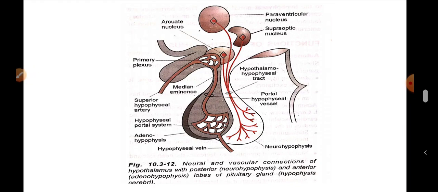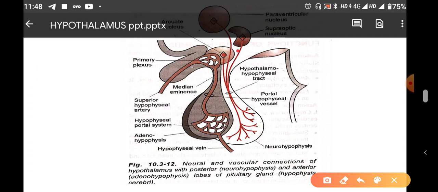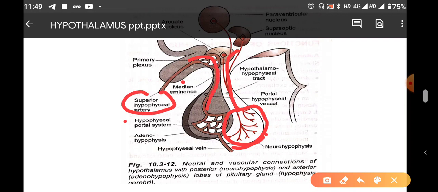From the paraventricular, supraoptic and the arcuate nucleus, these hypophyseal tracts are coming and going to the posterior pituitary gland. Also, you can see the vascular connections. This is the superior hypophyseal artery from the hypothalamus. It is going to the anterior adenohypophysis, the anterior pituitary, and it forms the connection here.